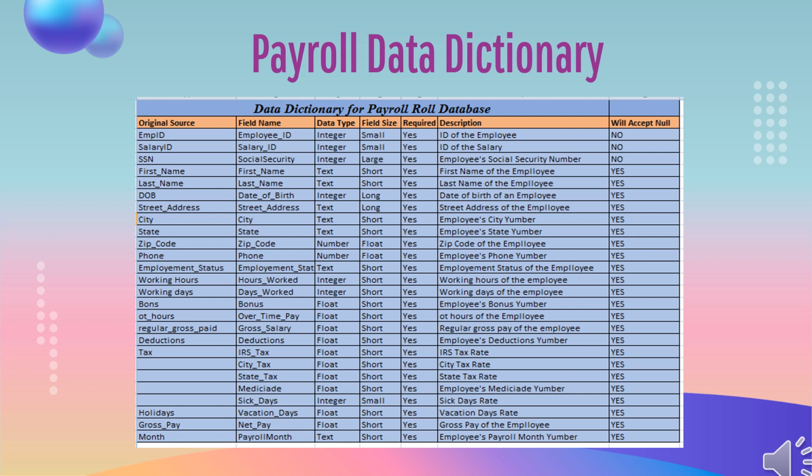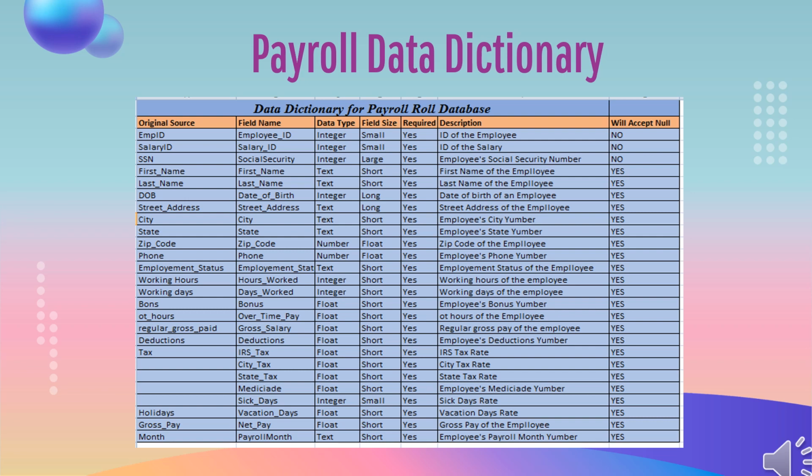In the database dictionary, we have the original source, the field name, the data type, the field size, and then required, and then description, and then whether we'll accept null or not.